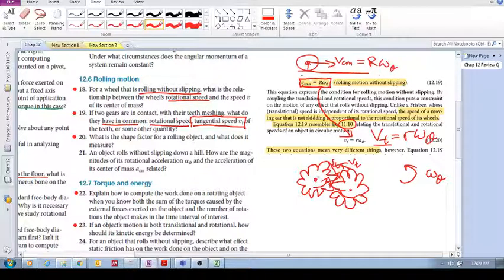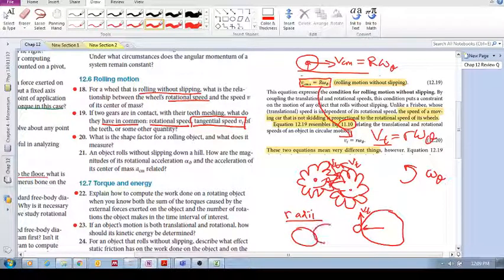When will the rotational speed of these two be the same? When their radii are the same. So if you've got a small gear and a large gear, their Vts will be the same, but their rotational speeds will be a lot different, because their radii are different. But if they are the same size, then their Vts will be the same and their rotational speeds will be the same.